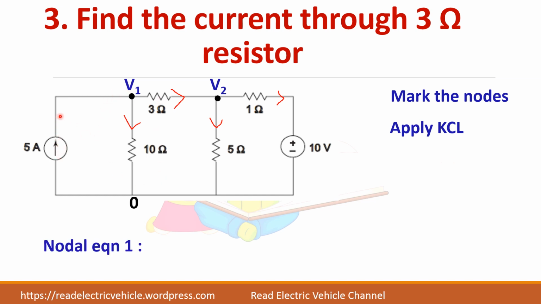So take node 1. 5 amps is entering the node, and here it is V1 by 10, actually V1 minus 0 by 10. So I have written it as V1 by 10 plus (V1 minus V2) by 3.